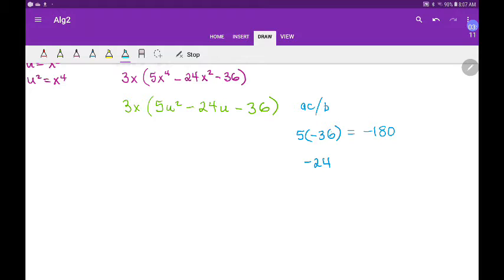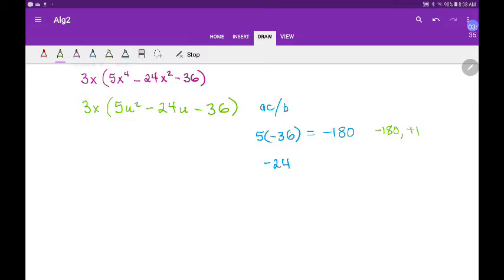So in this case, the AC is that part right there, and there's the B. Okay. So let's start thinking. Factors of 180. Obviously I'm going to have the big numbers be negative 180 and positive 1. That's not going to get it done.